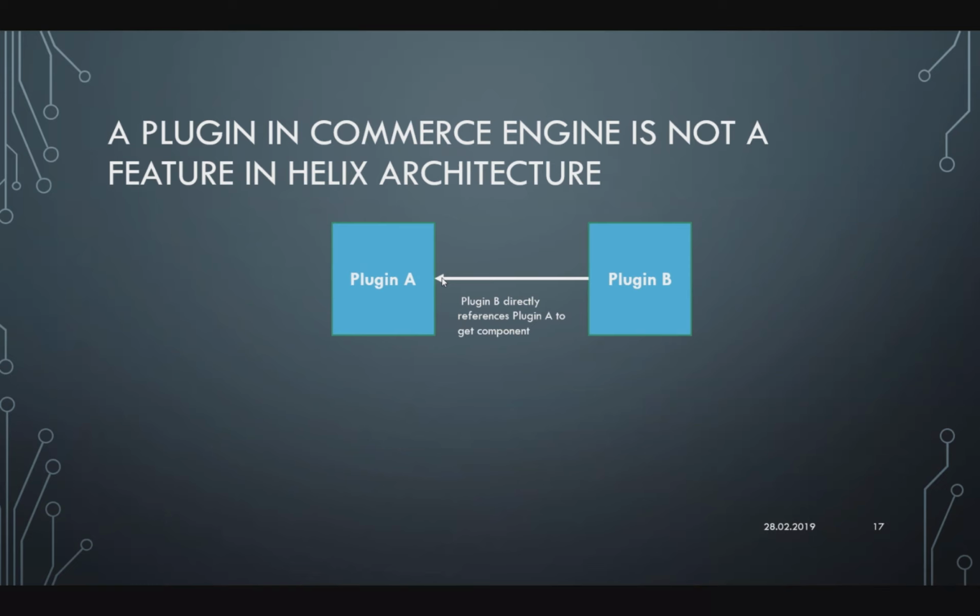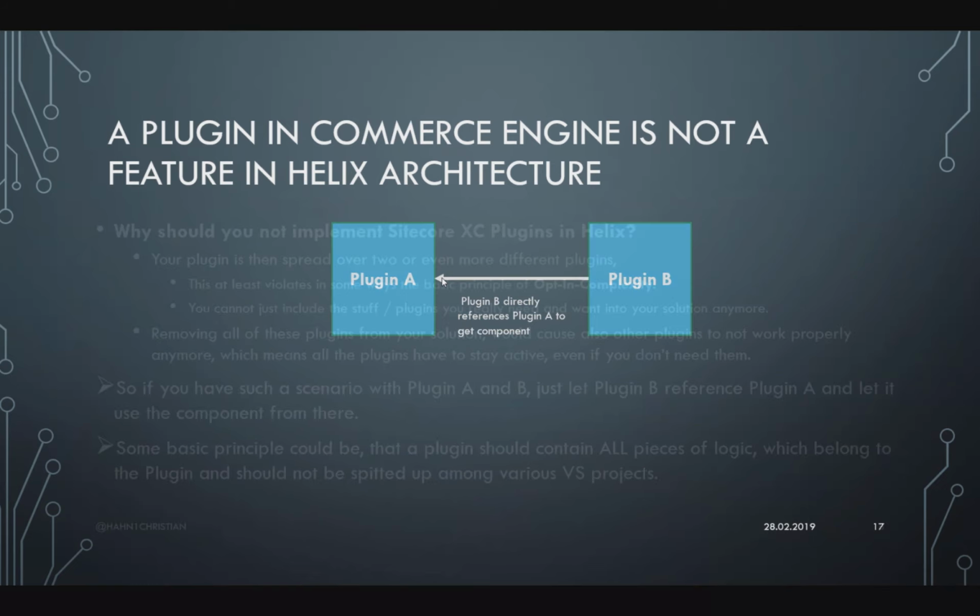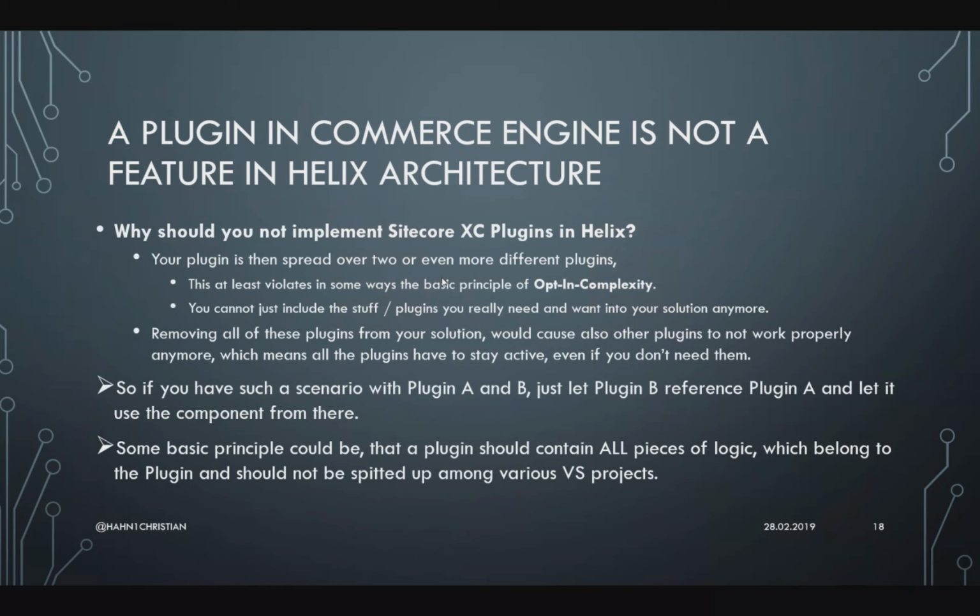So it has something to do with that principle of opt-in complexity. So opt-in complexity, as mentioned, tells us we should be able to remove plugins we do not want to use completely. So by pulling them out of the system, they are completely gone, and our system gets smaller and perfectly fits our business requirements.